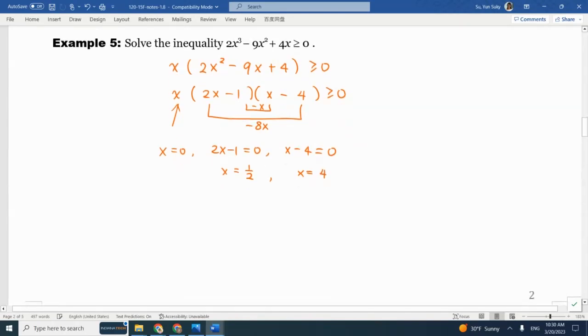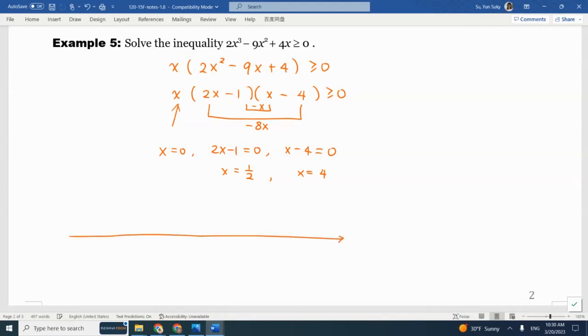Okay. So here we are solving an inequality. We're not graphing the polynomial. So you don't need to put x-intercept and y-intercept. Okay, everybody? So now you draw the real number line. And these are called critical values.